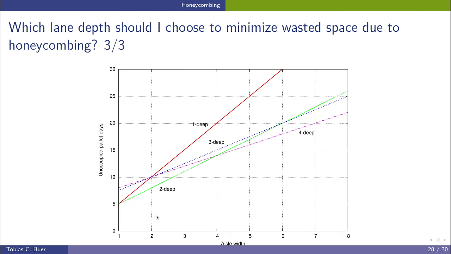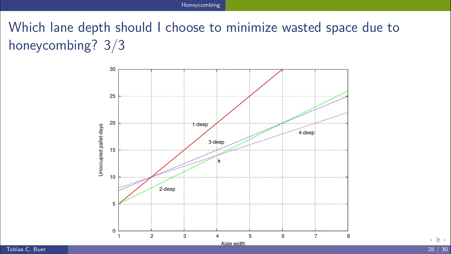So given that we prefer lower numbers, the 2 deep storage is the best for values of A equals 1 to 4. And then starting with the value 4, you can see the smallest space is wasted for the 4 deep lane.